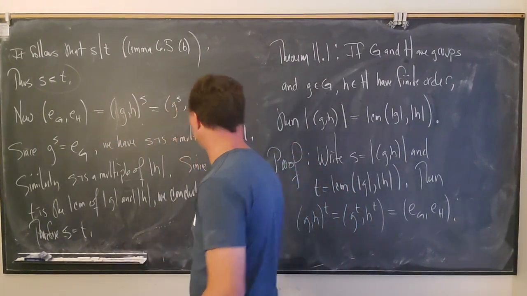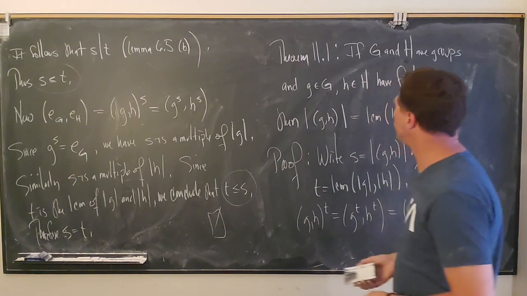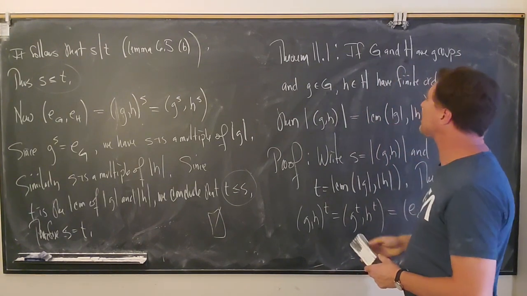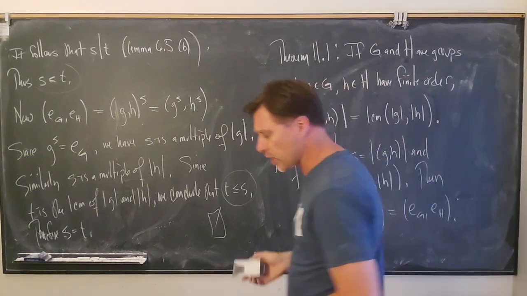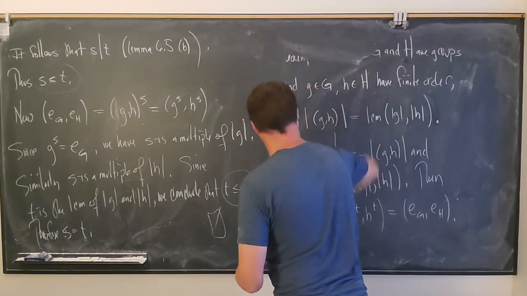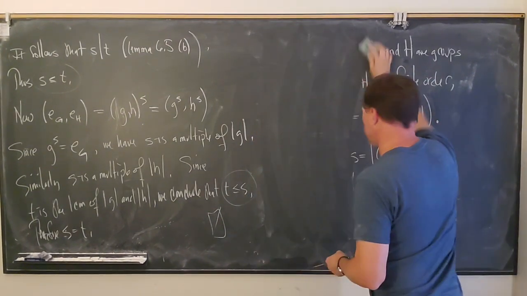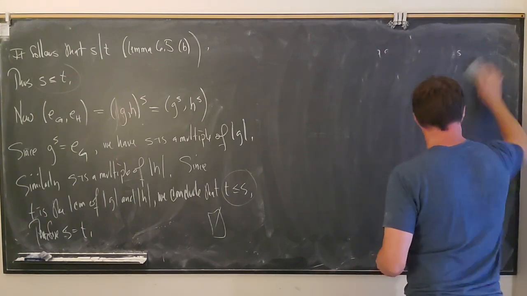And now, what we did is we proved this result in the setting where we're doing G cross H, where there's two component groups. But more generally, this will be just sort of a quick corollary.